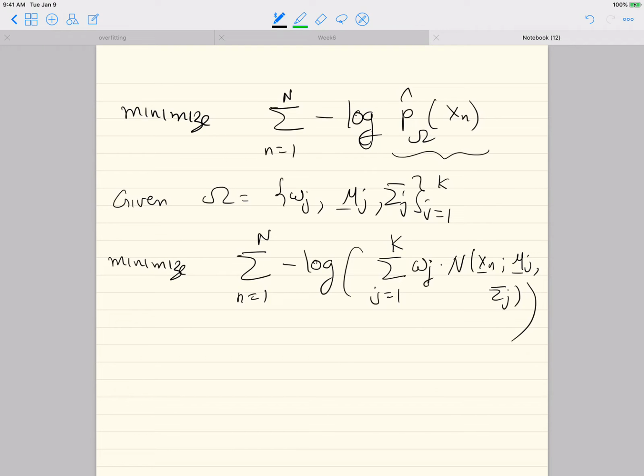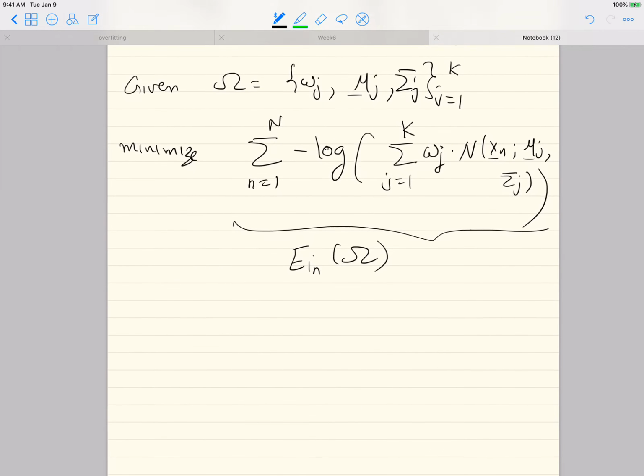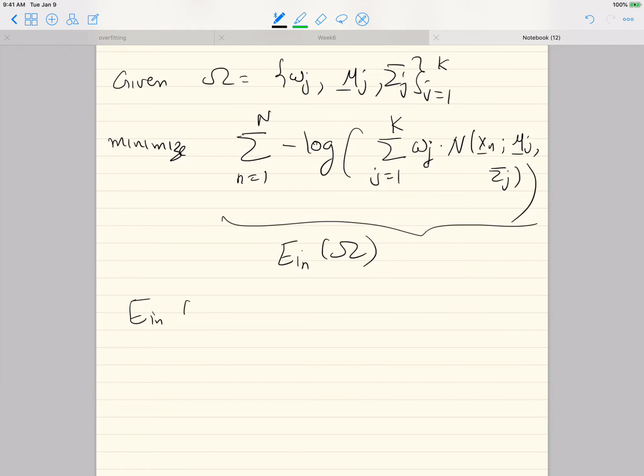So I want to minimize this. So this is my error, this is E of omega. I can write E of omega as a sum of n going from 1 to N of En of omega, where En of omega is just the loss on one point.